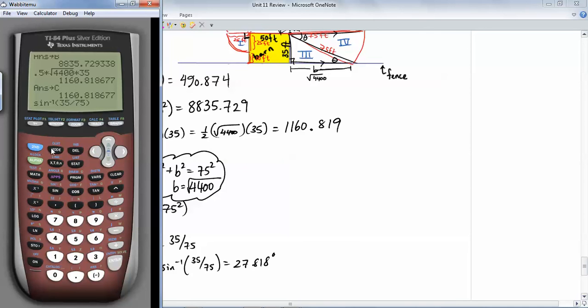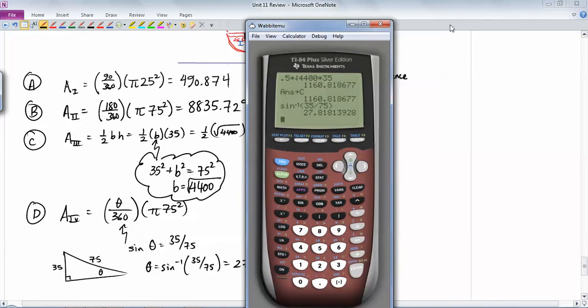Oh, I'll bet you anything I'm not in the right mode yet. Yeah, degree mode. So now I can hit enter. So there's the full angle. And then I'm going to plug that in here. That's the theta.